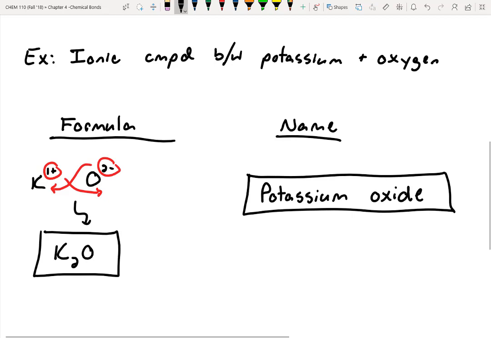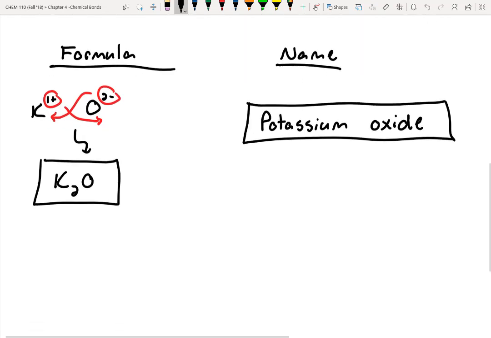Pretty easy to do this. We don't say dipotassium monoxide. We don't use prefixes with ionic compounds because we already know that it's potassium and oxygen, therefore it must be in this specific ratio to have charges cancel. So we just don't bother with mono, di, tri, tetra. All right, let's try a few more.